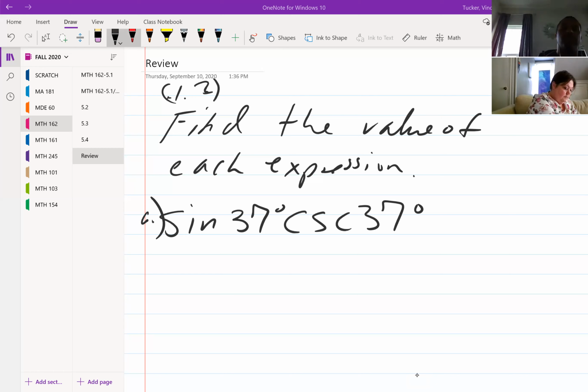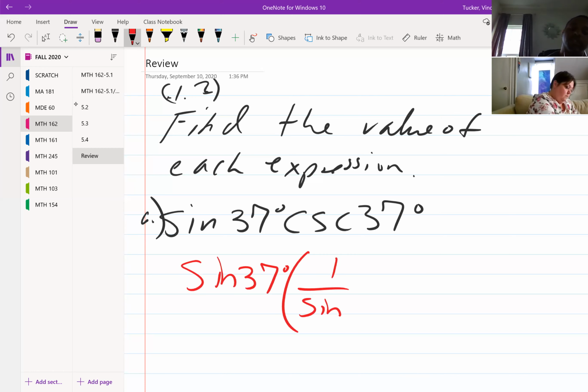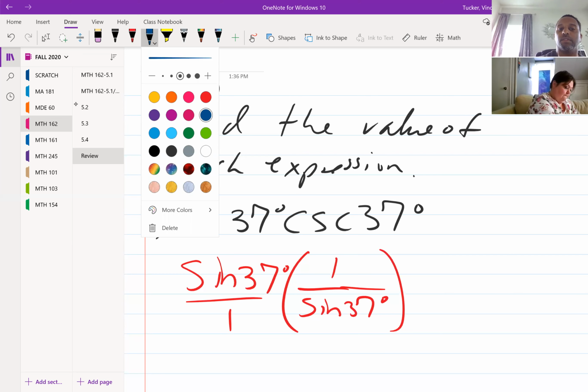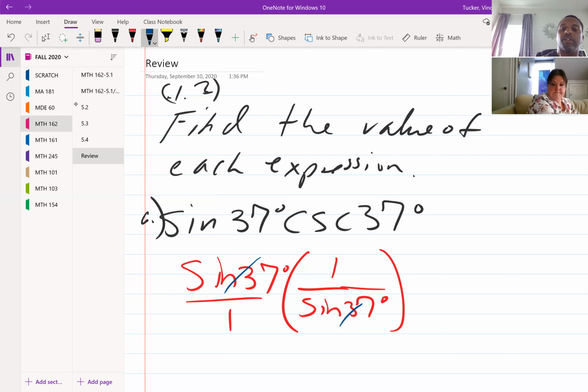What we can use is, recognize that cosecant is 1 over sine. If that's the case, sine over sine will cancel and leave us with just 1.